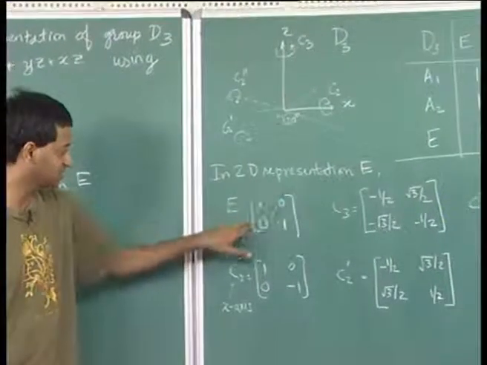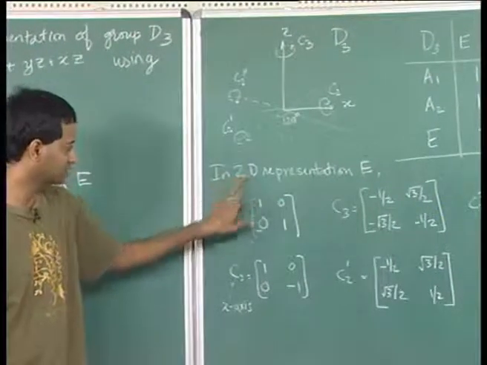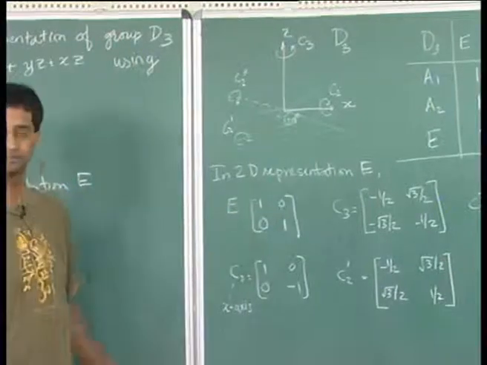Identity is always the diagonal matrix. Since it's a 2-dimensional representation, it will have 1 1 0 0.